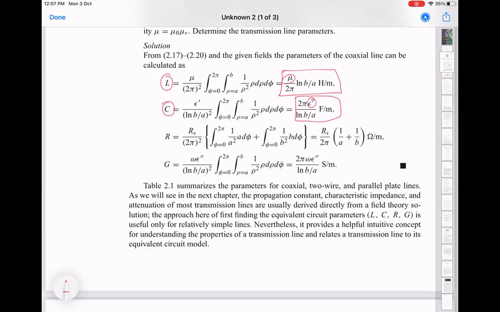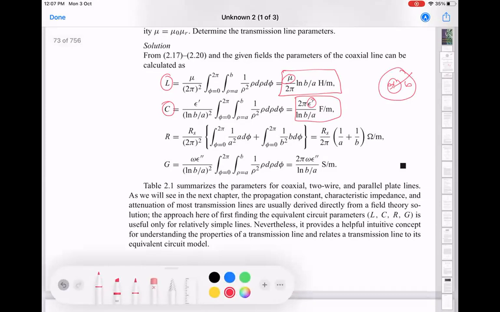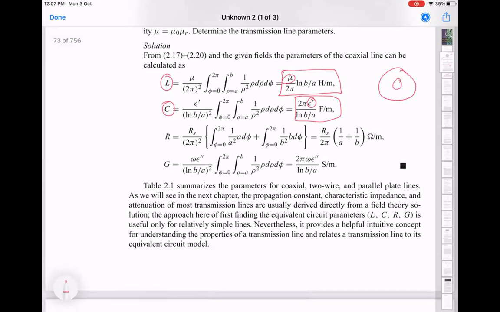So it's log of B over A. Remember, B is the outside diameter and A is the inside diameter. Okay. So if you just look at the trends, what does it mean?